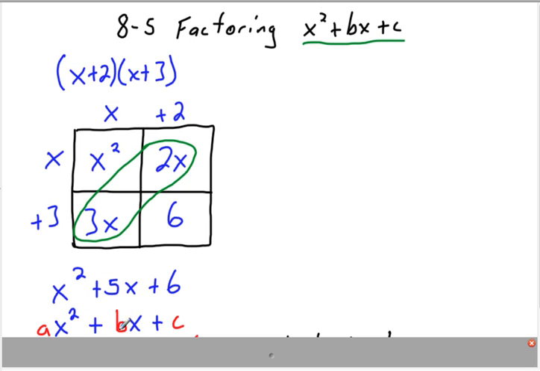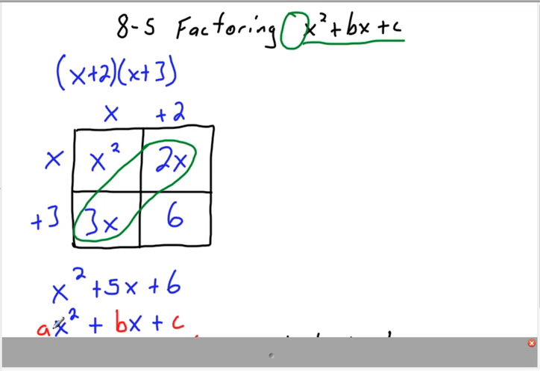So I've written this form down here under our answer. And the red things are the letters here, and they are the coefficients of the x squared, the x, and the constant. In this section, the coefficient of the x squared term is always going to be 1, and that's why there's nothing there.